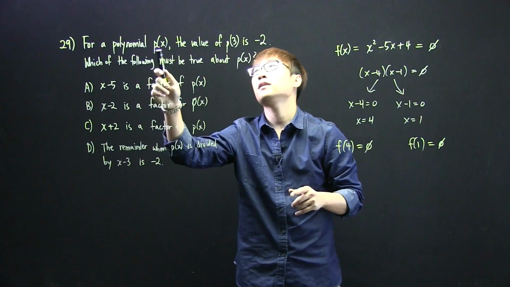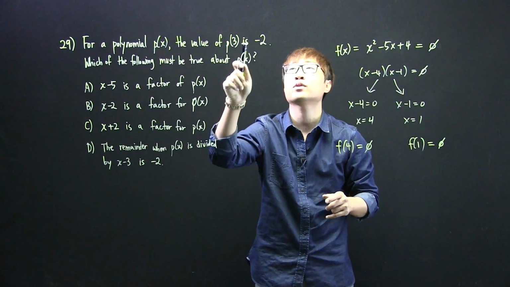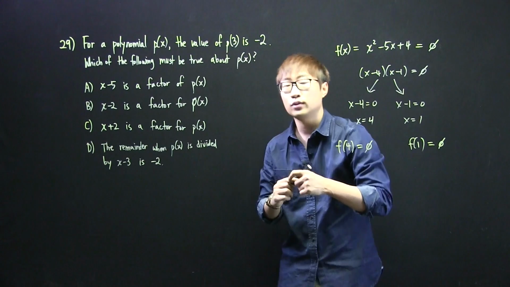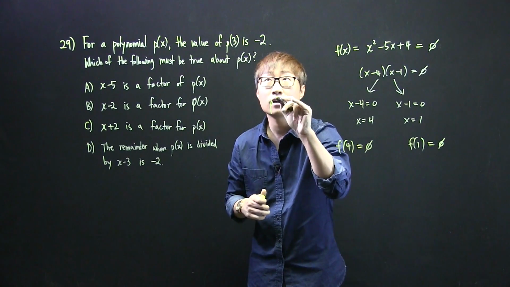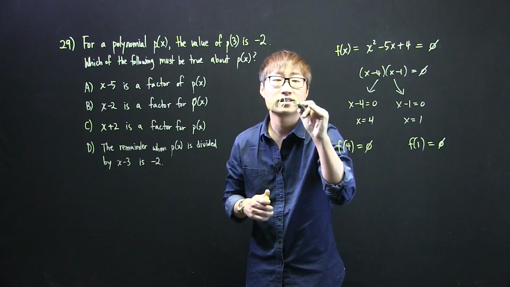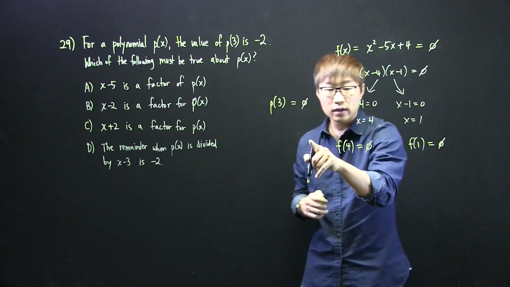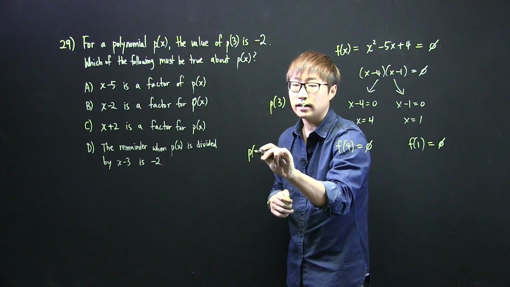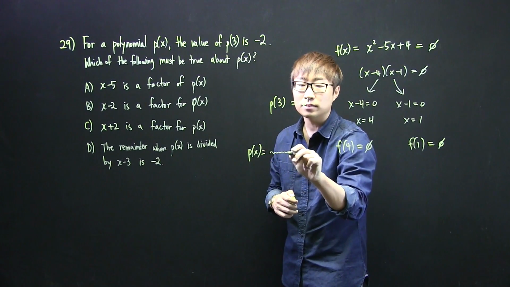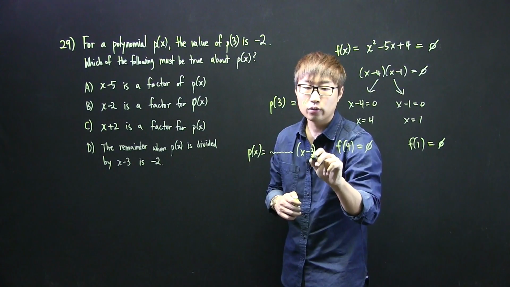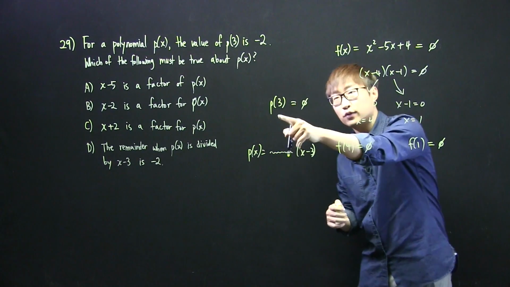For a polynomial p of x, the value of p of 3 is -2. Forget the -2. Let's say p of 3 was 0. If p of 3 was 0, I don't know what p of x is, but it better have x minus 3 in there.